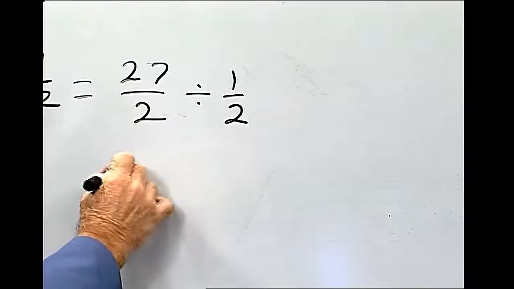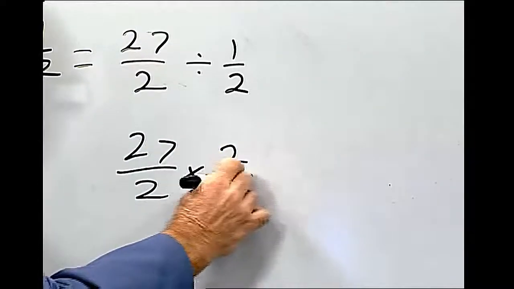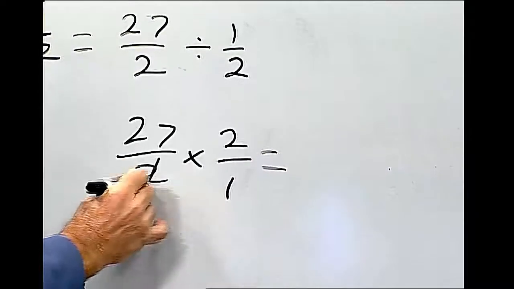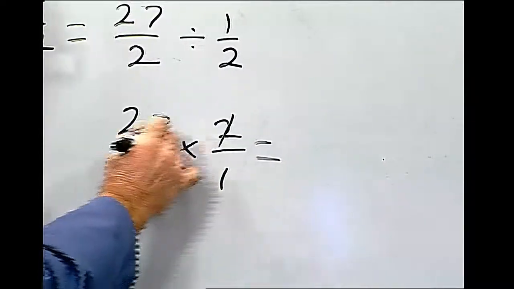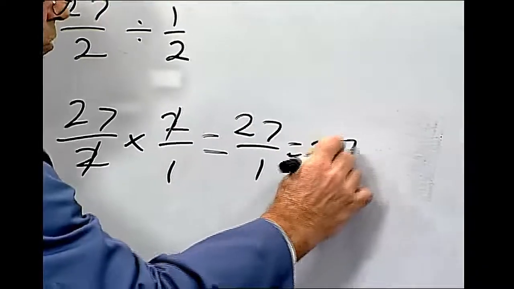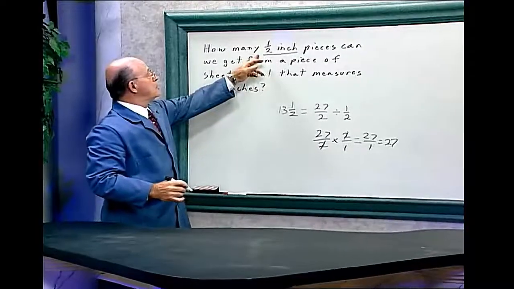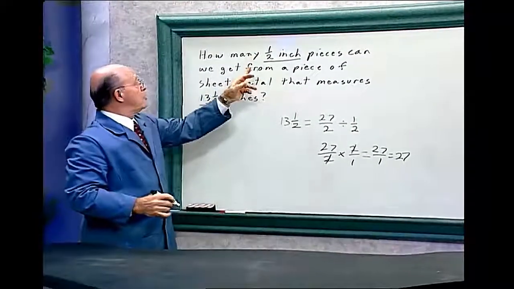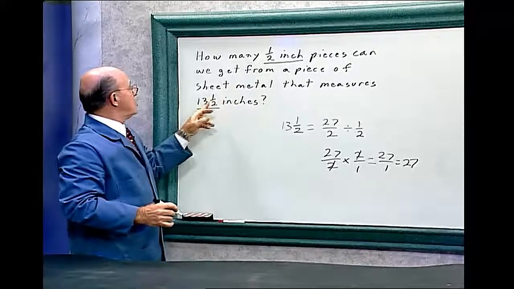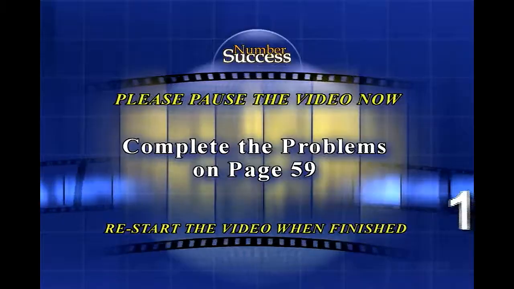So we could convert that. 27 over 2 times 2 over 1 equals, the 2's cancel out, and so 27 over 1 equals 27 pieces. So we can get 27 1/2-inch pieces from a sheet metal that measures 13.5 inches.